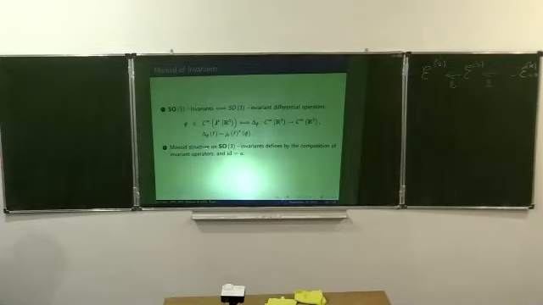And so it gives us a monoid structure on the field of rational invariants. The identity in this monoid is obviously the invariant u, because it gives us the identity map.